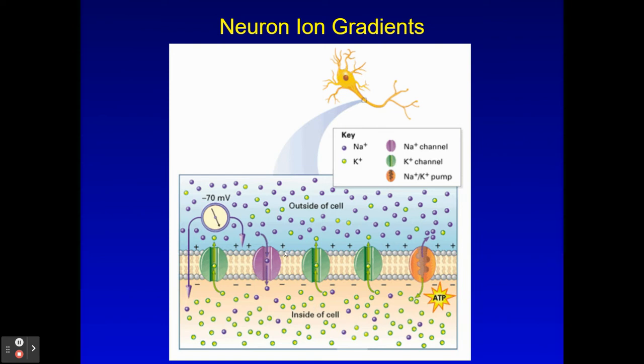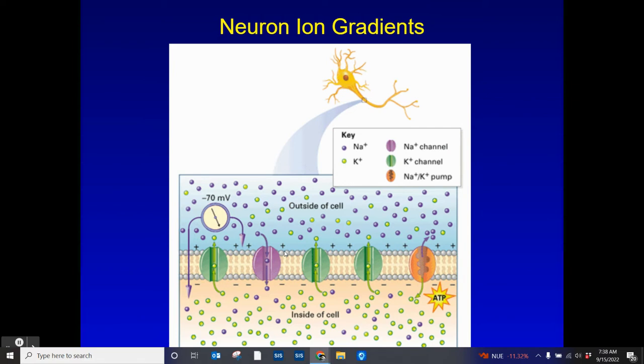These actually have little gates on them. They open and close as a result of stimulation. Basically, the sodium gates are going to open and sodium's going to come rushing inside the cell, and that's going to cause a depolarization.